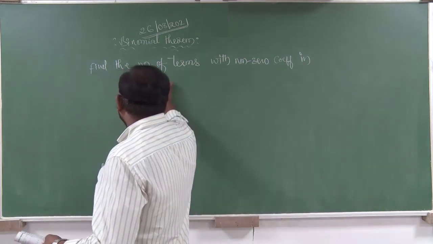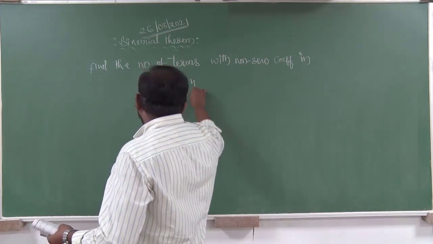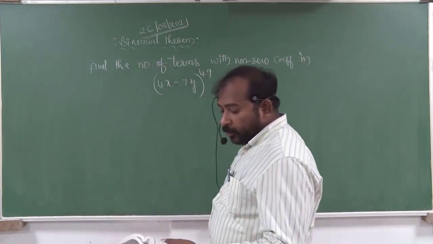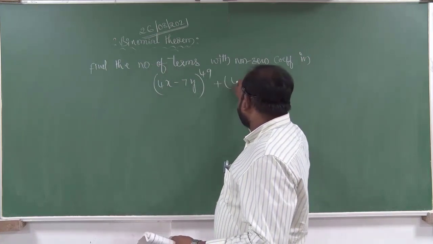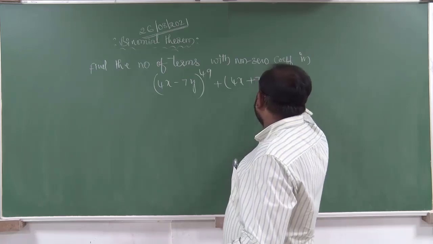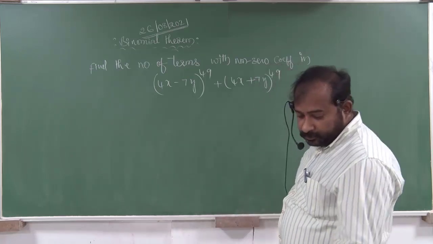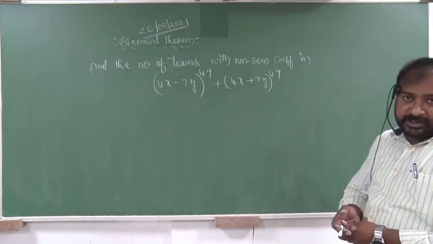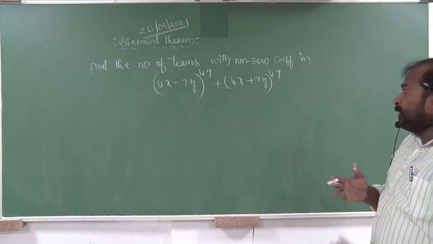Here they have given (4x minus 7y) whole power 49 plus (4x plus 7y) whole power 49. How many terms are there in this expansion? That is the question they have given.